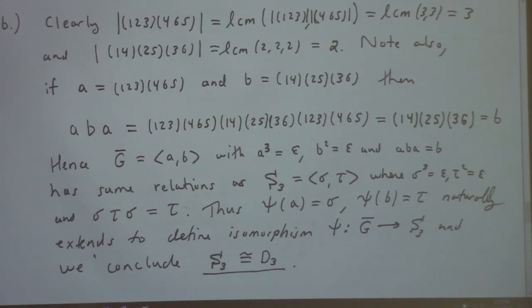I think I told you xy is equal to yx inverse. So honestly, you could just go, oh okay, so xyx is equal to y again. And then directly from this generators and relations presentation of D3, sending x to sigma and y to tau gives you the isomorphism of D3 and S3.